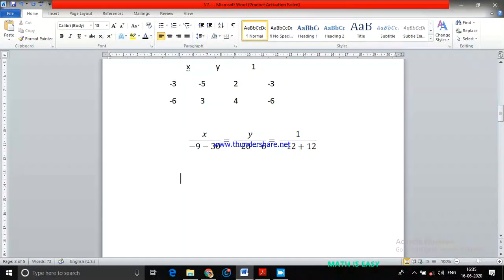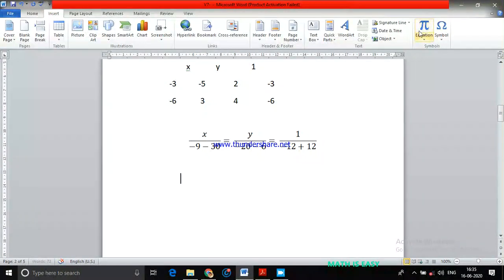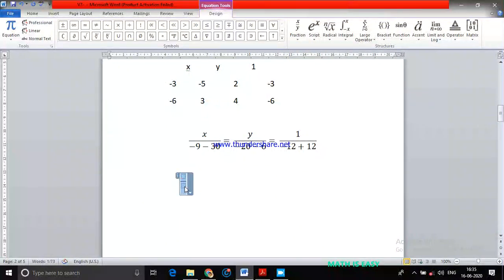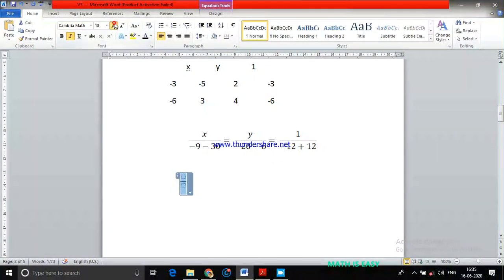Let me insert the equation again. Let's increase the font size also.